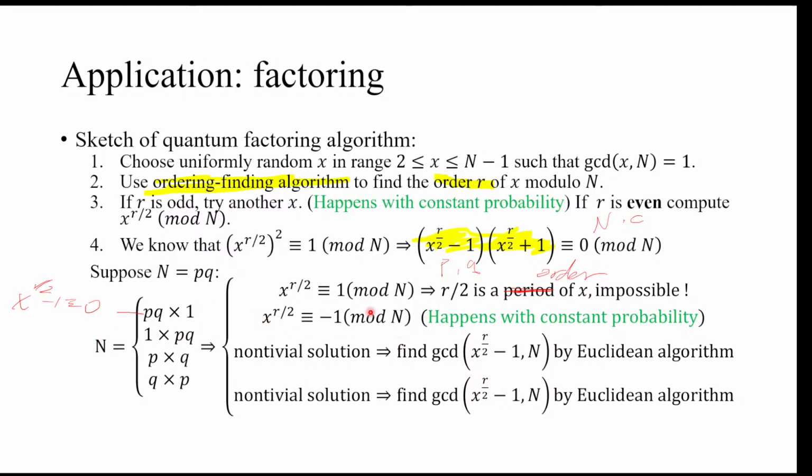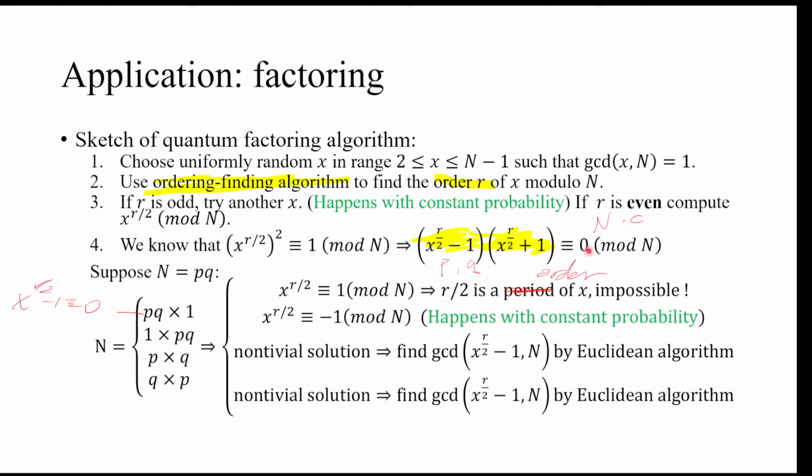And with the other two cases, you have a non-trivial solution, and you can find the GCD of the first factor with n, and you will find factor p or factor q here. Okay, so that's the idea of factoring.